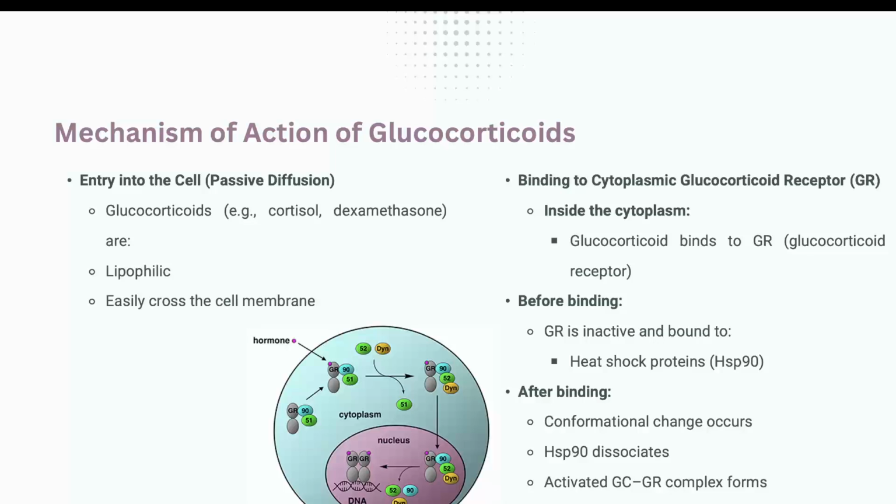The heat shock protein will dissociate, and the complex of the glucocorticoid and its receptor will move toward the nucleus and bind to the DNA.